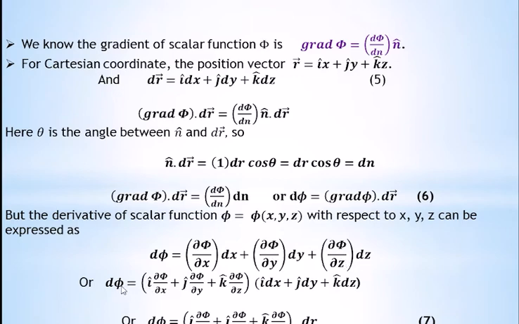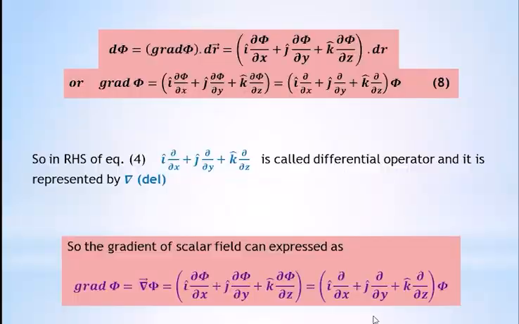In another way, if we multiply both terms, we get similar terms. Then d phi is equal to i cap del phi upon del x plus j cap del phi upon del y plus k cap del phi upon del z into dr, which is equation number 7.